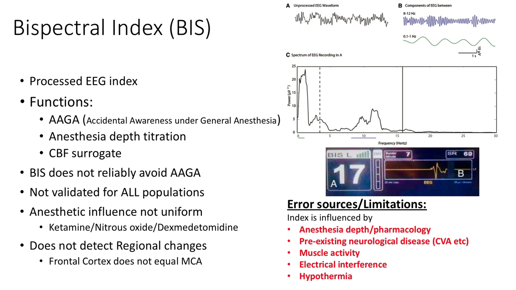Muscular activity can be read as EEG and therefore be an error source. Devices used in the operating room, your bipolar, monopolar, electrical interference, and surely also temperature has an effect on cerebral metabolic activity, and therefore on your neuronal activity.